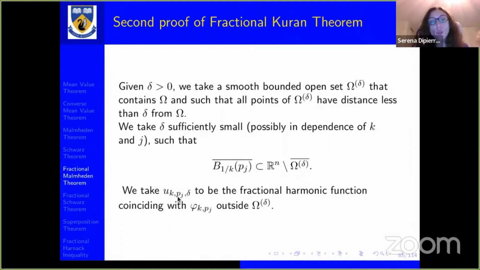So now I take u k pj delta to be the fractional harmonic function, s-harmonic in var p, but that now coincides with phi k pj outside omega delta.